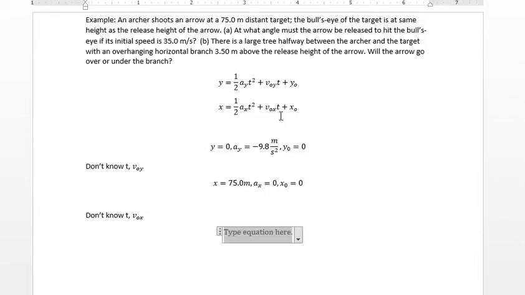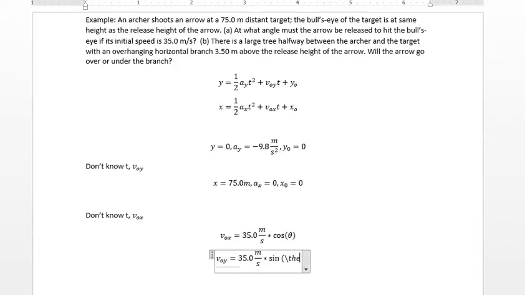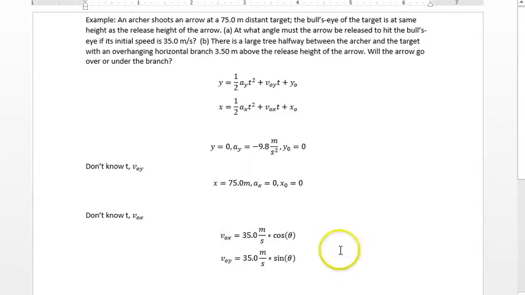We know that v naught x is 35 meters per second times the cosine of whatever angle we fired at. And we know that v naught y is 35 meters per second times the sine of whatever angle we fired at.